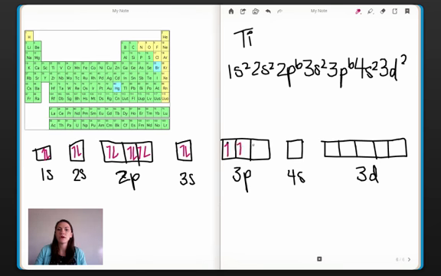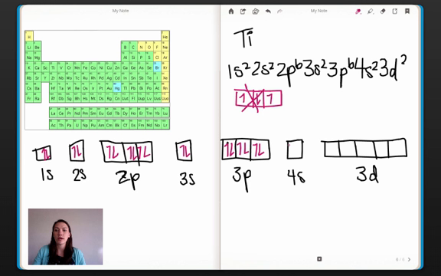You want to make sure you fill in all the spins in the same direction first before you make opposite spins as well. So that's another thing to think about. I'll show you an example of, this is a bad example right here. If you did this, right, because they're not all spinning in the same direction, so that is no good. You want to get them all spinning in the same direction first.